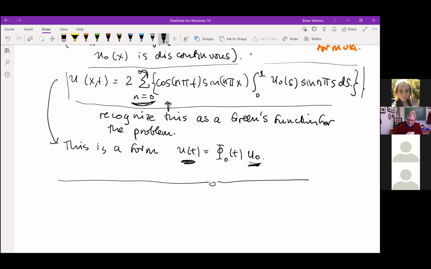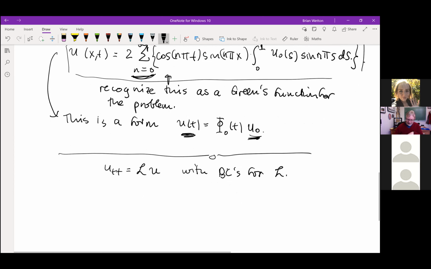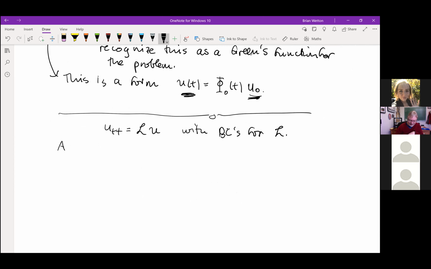Okay, now, once we've written this thing into the form, UTT is L times U with boundary conditions for L, then we can apply our Sturm-Liouville work.